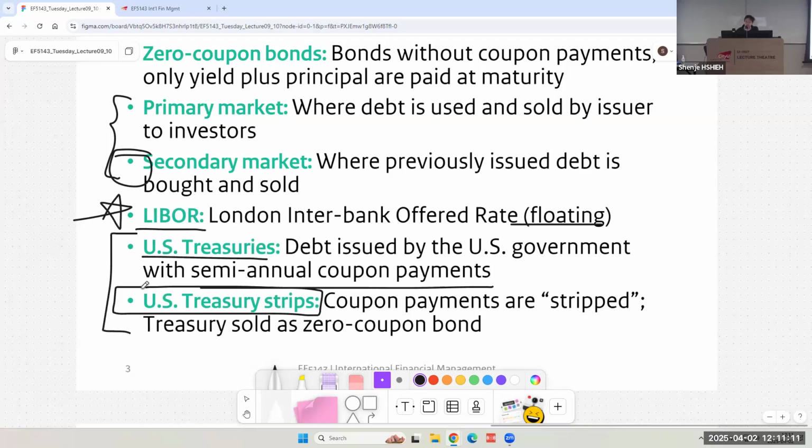And just to note that there's a market for everything. There are institutions that decide to repackage treasuries into different types of securities. A notable new type of security created from the markets is called US Treasury strips. Strips means that they take one treasury and disentangle the product into two separate securities.